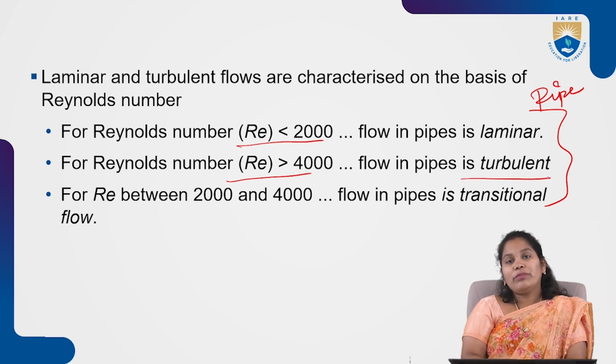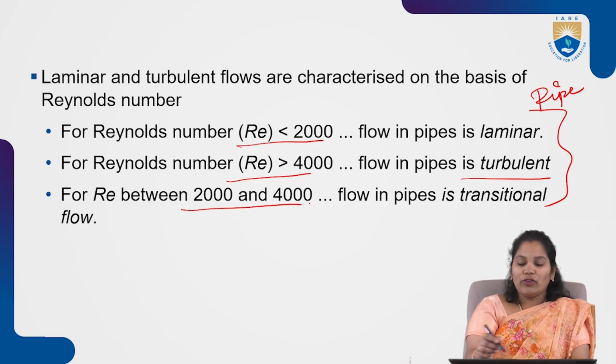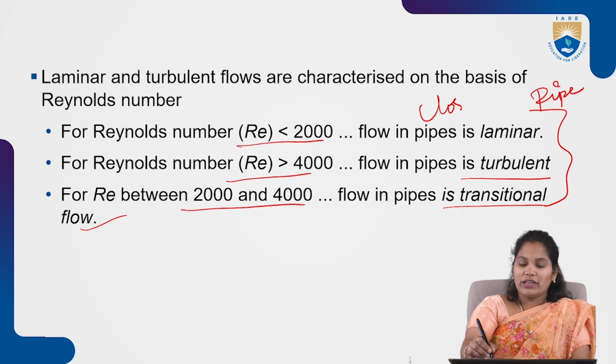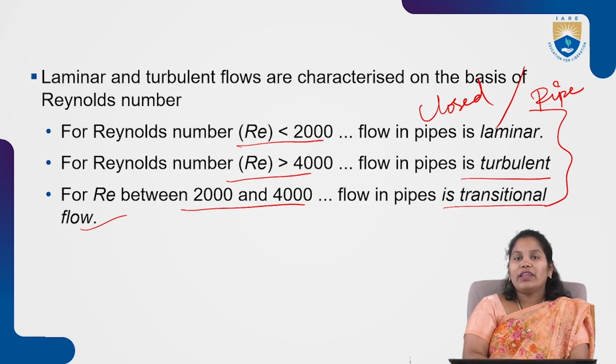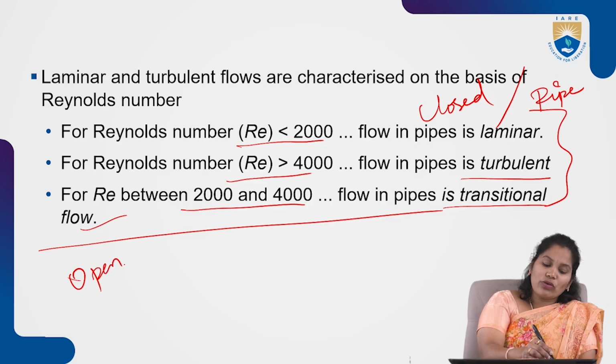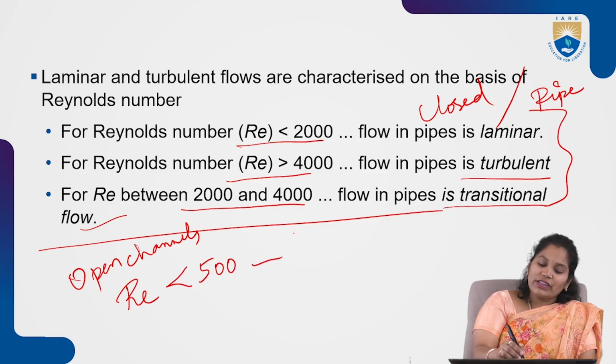If the Reynolds number is between 2000 and 4000, then the flow is a transitional flow. This is for a closed conduit, that is a pipe. What about open channels? In open channels, if the Reynolds number is less than 5000, then the flow is called laminar flow.